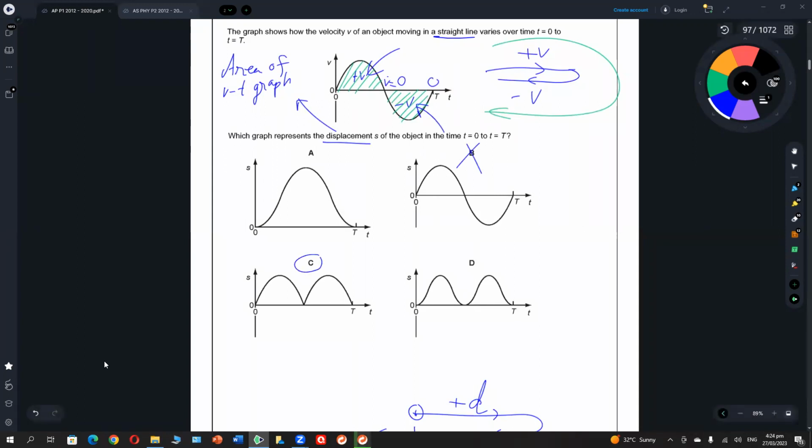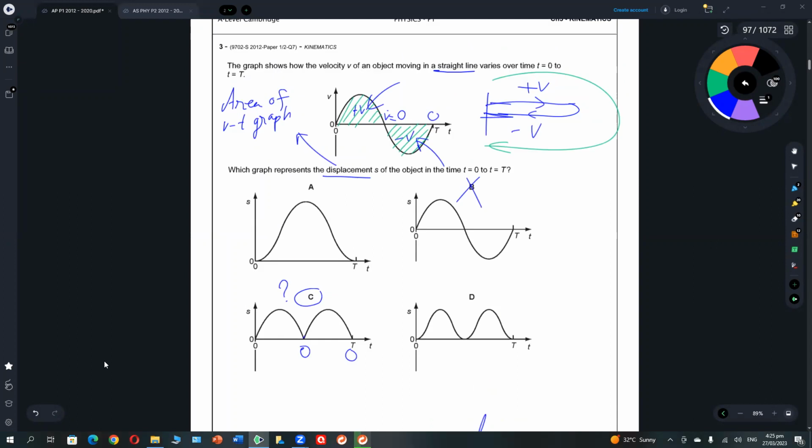Part number C, if you observe this one, tell me how many times this displacement has become zero, twice or thrice.